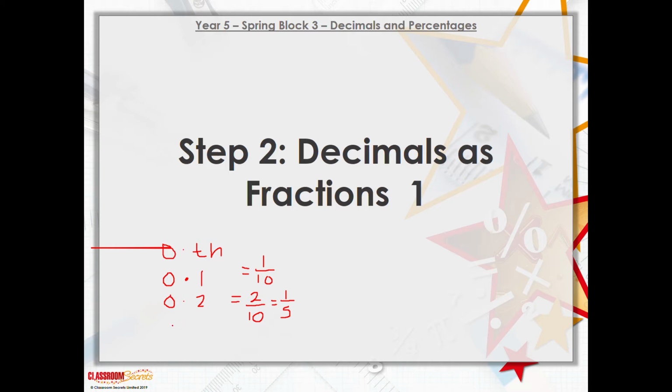Now if I look at 0.25, 0.25 is 2/10 and 5/100. That is actually 1/4 of a whole number.